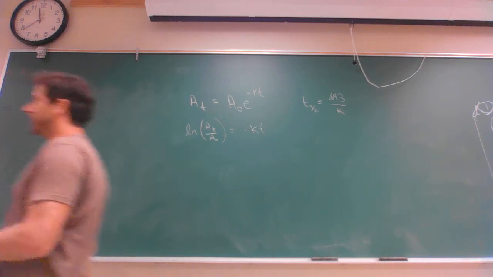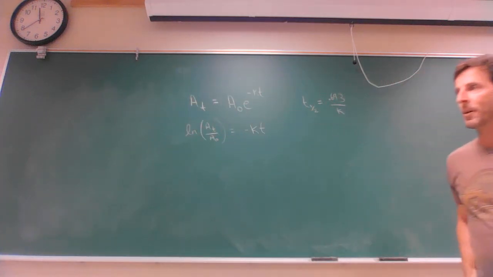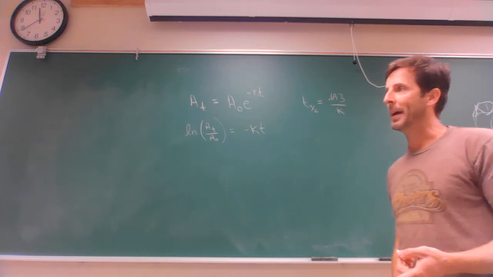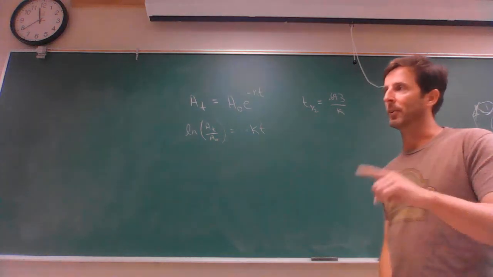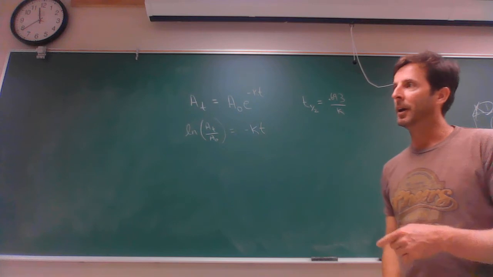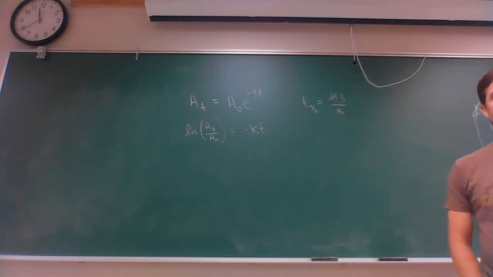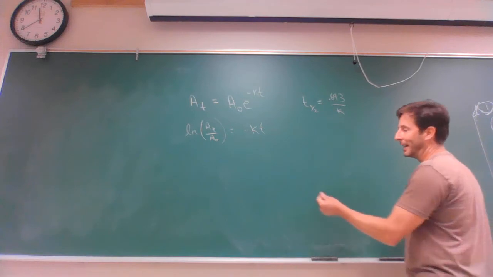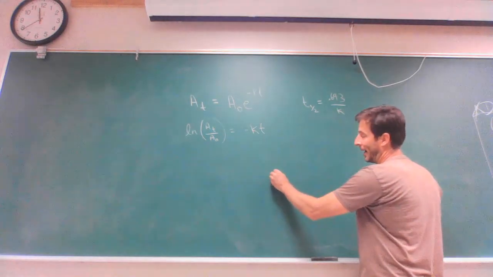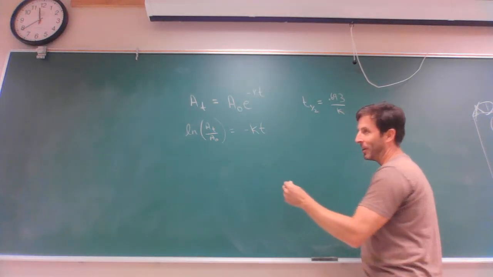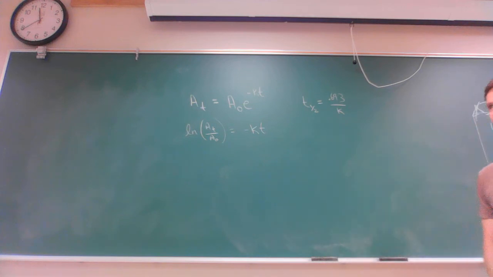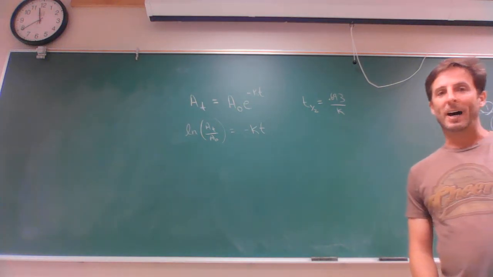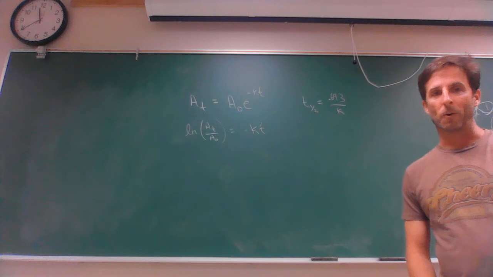All right, next question. After 24 days, 2 milligrams remain of a sample that originally weighed 128 milligrams. What's the half-life? Okay, so essentially on this one, again, if I think about it, 128, if I divide by 2, I get 64.